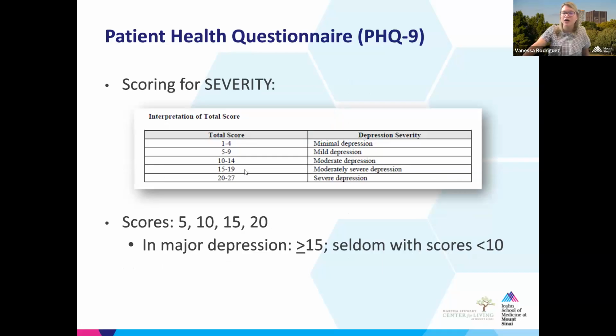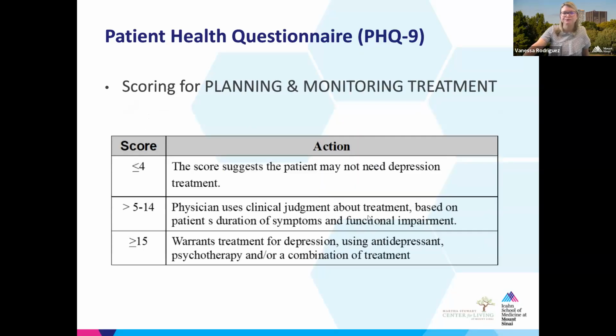This is an idea of how you would score for the severity, depending on the score a patient may have, up to 27 points. So you can see here the degrees, how they will be scored, from 1 to 4 minimal, 20 to 27 will be severe. So in major depression, if it's over 15 points, you would consider major depression, but less likely to be major depressive with a score less than 10.